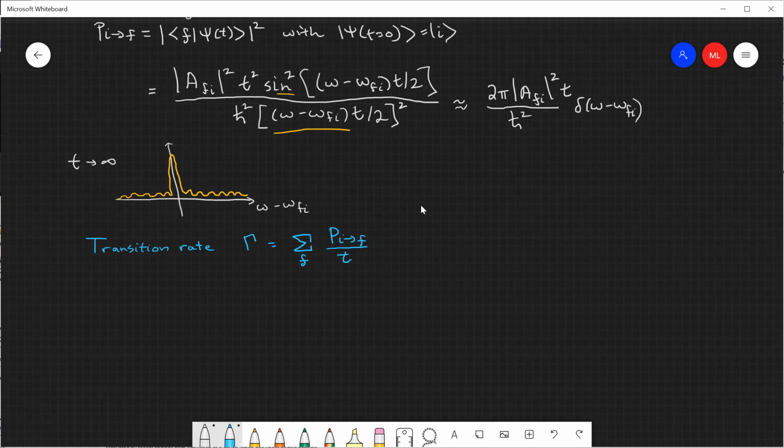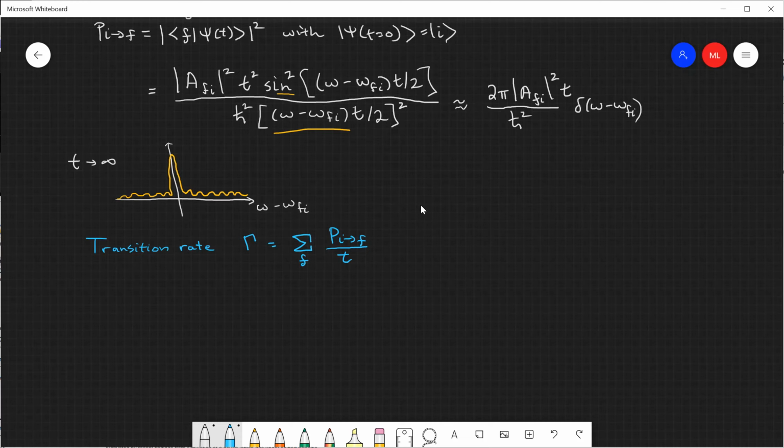For instance, you put an electron in some potential with a bound state, and then you perturb it and ask what the rate is at which the electron leaves and becomes a free particle.